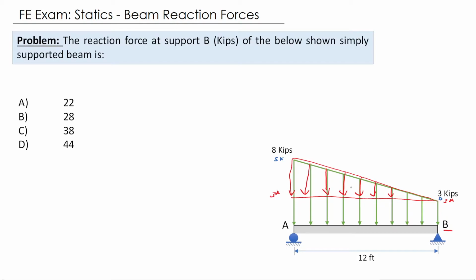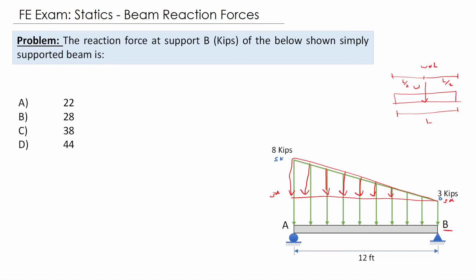Okay, now we need to evaluate the resultant force for each separate distributed load. For the rectangle one, if we have a rectangle load, W applied on a certain length L, so the resultant is W multiplied by L, and the distance from both sides is L over 2.